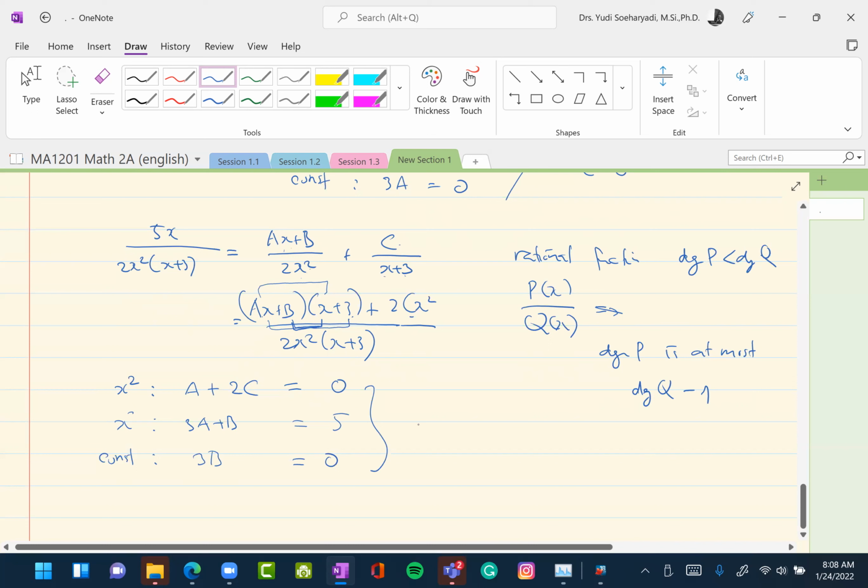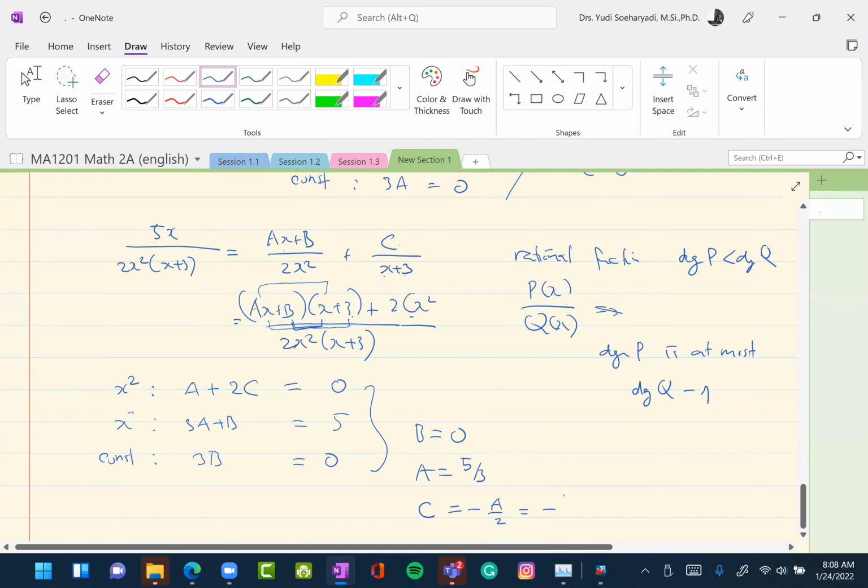Okay, then this b equals 0. So a here is 5/3. C is, let's see, C here is minus a over 2. Okay.